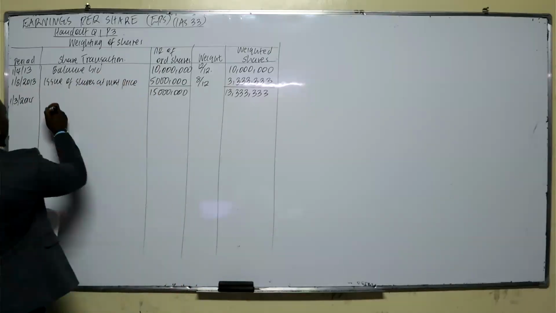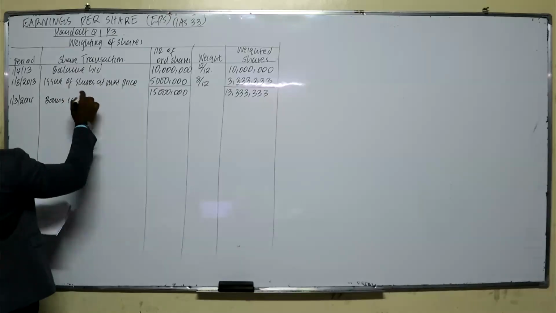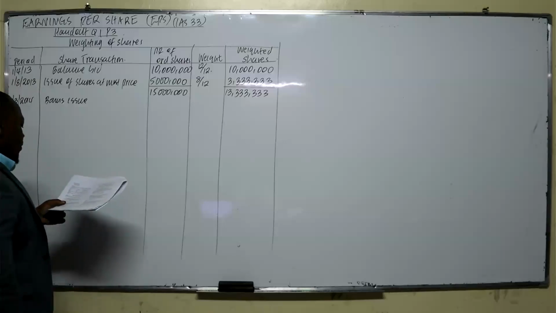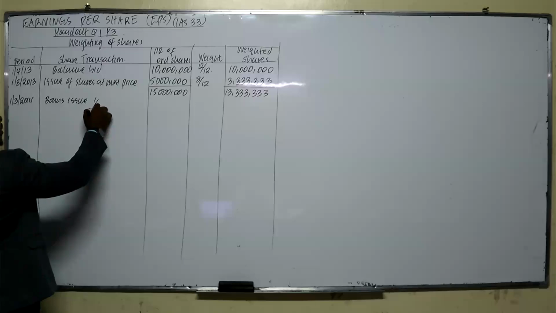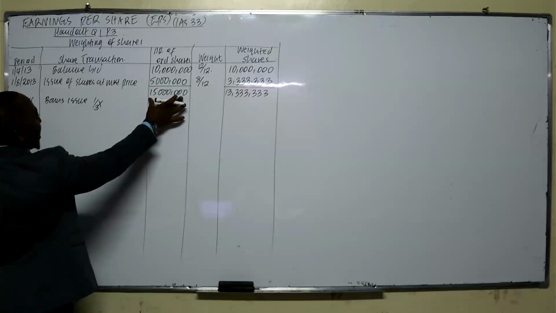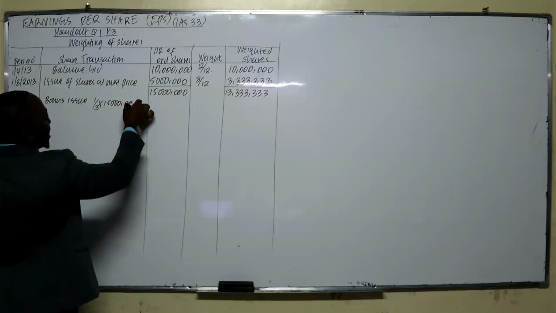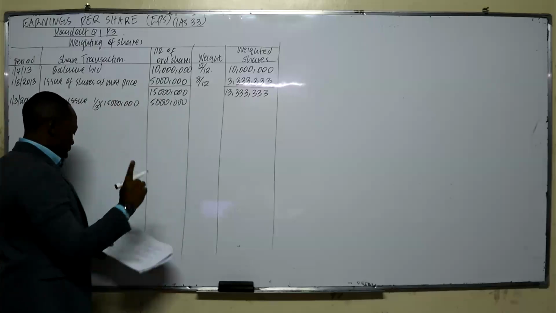So they effected a bonus issue. You just take 1 over 3. The number of shares outstanding was 15 million. 15 over 3, you get 5.